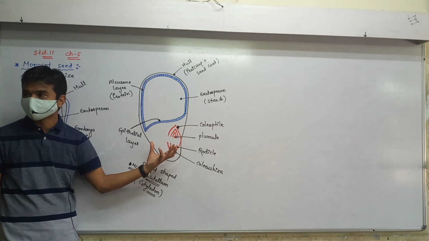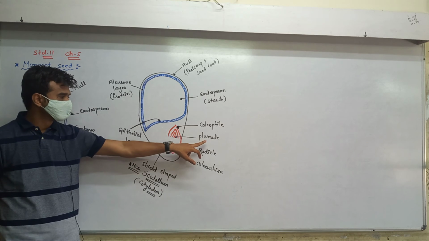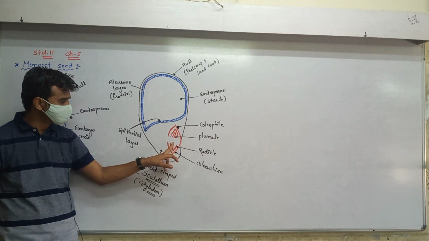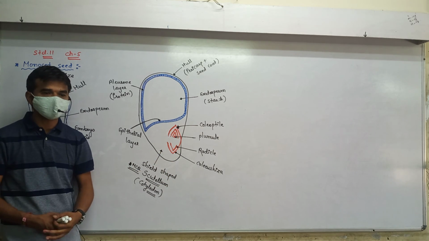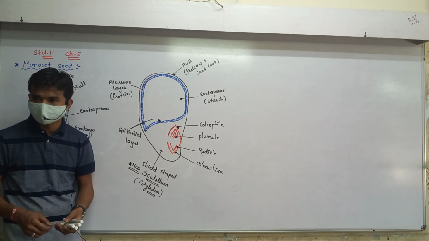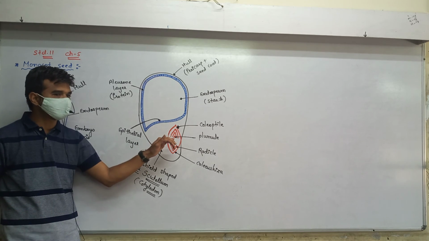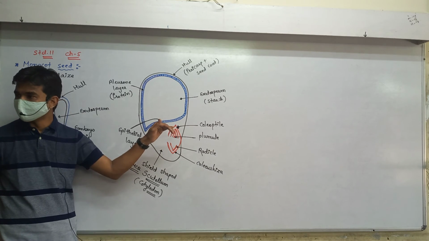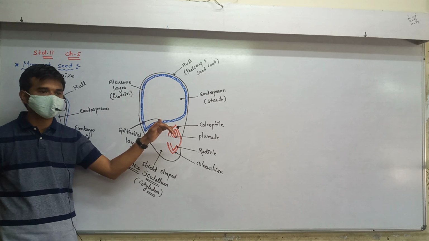Here the embryonal axis consists of plumule as well as radicle. Surrounding the radicle, the protective layer is known as coleorhiza. Just opposite to the radicle, the plumule is there, and the protecting layer over the plumule is known as coleoptile.